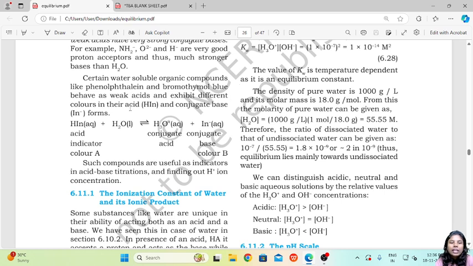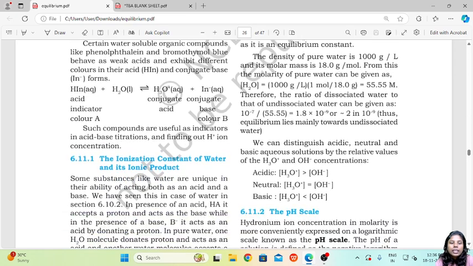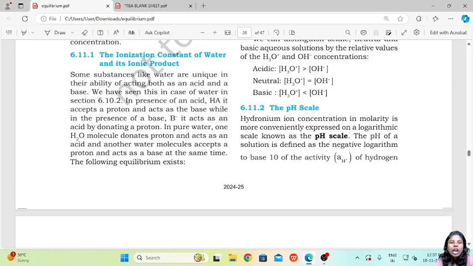They behave as weak acids and exhibit different colors in their acidic and in their conjugate base forms.